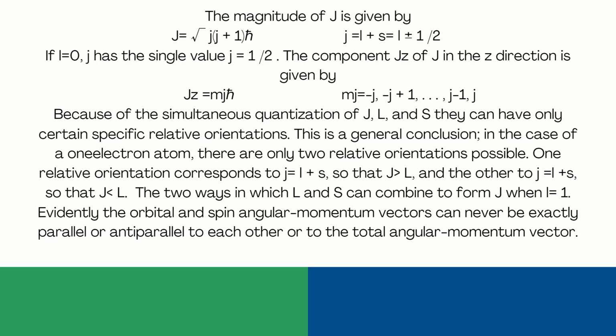If there is no external magnetic field, the total angular momentum J is conserved in magnitude and direction, and the effect of internal torque is the precession of L and S around the direction of their resultant J. If there is an external magnetic field B present, then J precesses about the direction of B, while L and S continue precessing about J. The precession of J about B is what gives rise to the anomalous Zeeman effect, since different orientations of J involve slightly different energies in the presence of B.